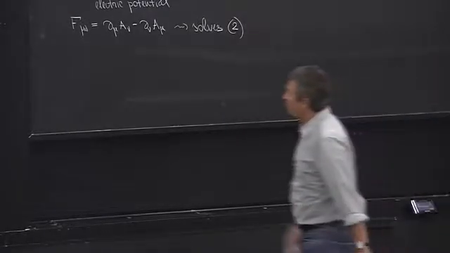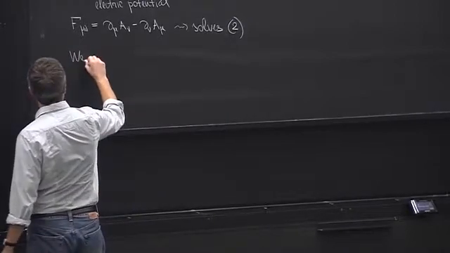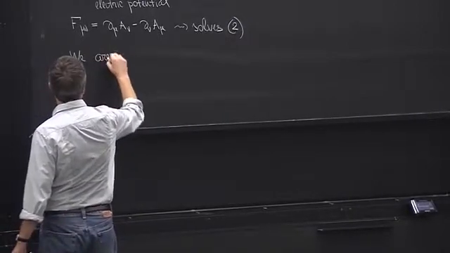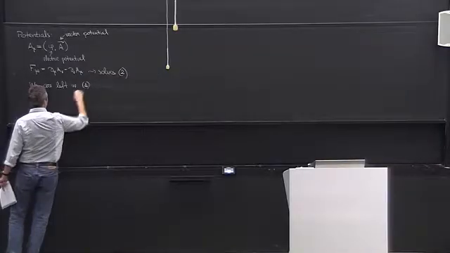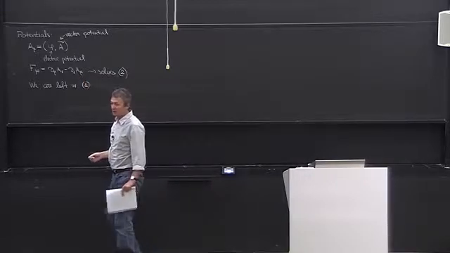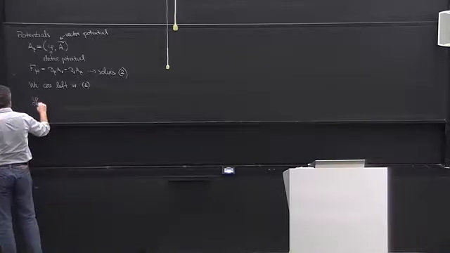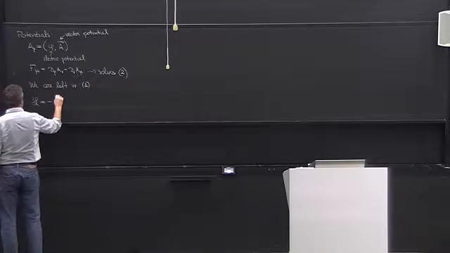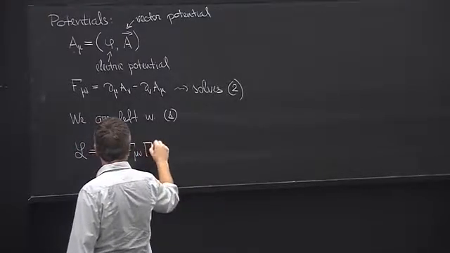And then, well, we are only left with equation 1, which you can write in terms of A, and derive from the action in which the Lagrangian is the square of F mu nu.